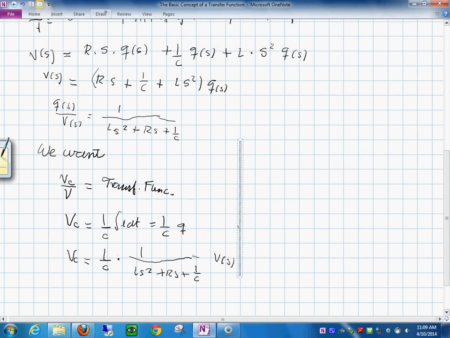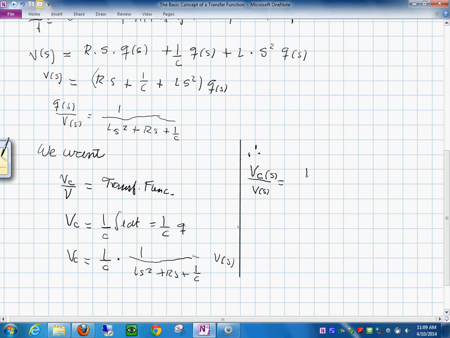You could say consequently here, therefore, from this, the voltage of the capacitor in relationship to the input B of S is equal to what?